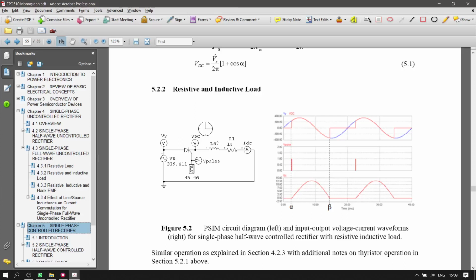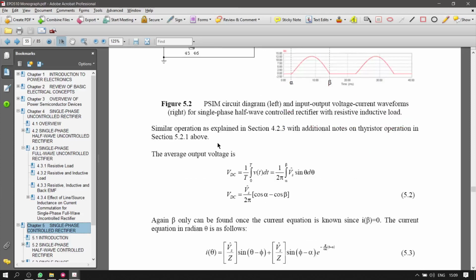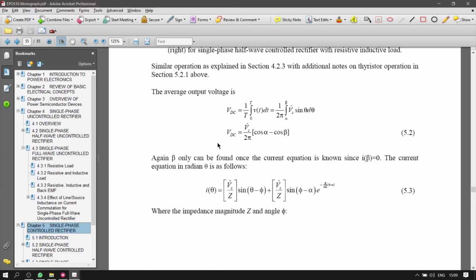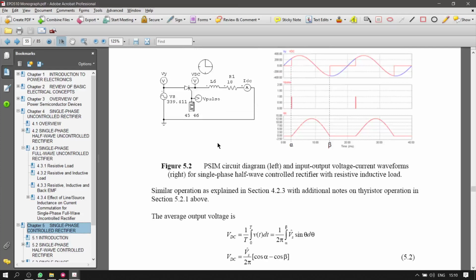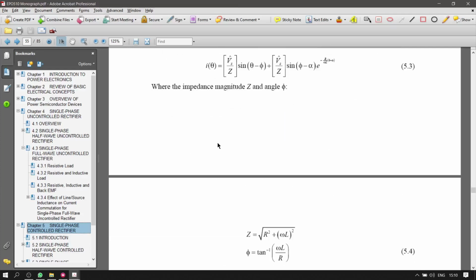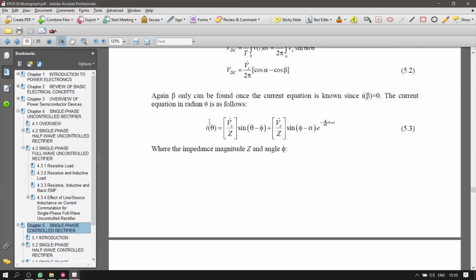When we apply the full wave rectifier, you can still use this equation here.